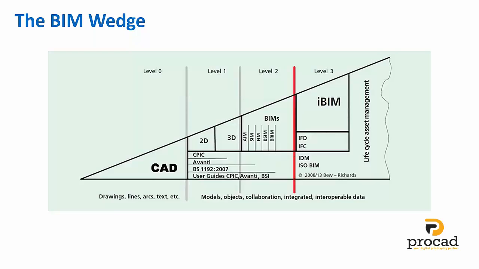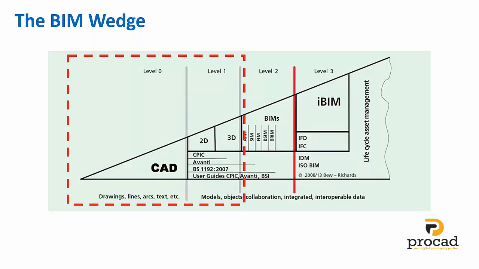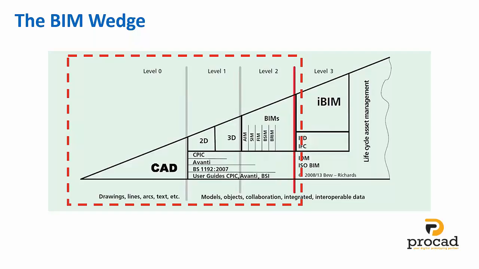We'll look at BIM level 0 and then moving towards BIM level 1, so using BIM as a 3D modeling tool and just to produce your drawings. And then hopefully, looking at the future outlook of your business in one to three years, you can look to move to a BIM level 2 progression. So hopefully today we'll focus on BIM level 1 and getting you up to that point as well.